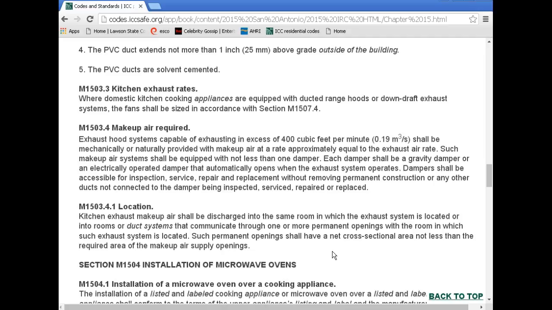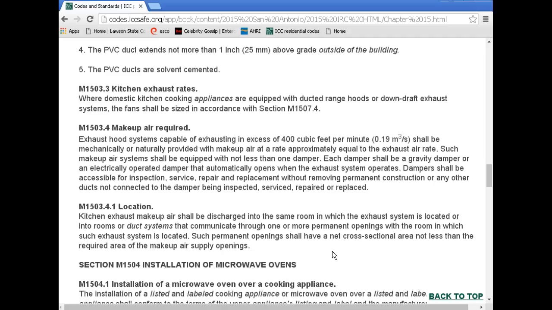So if we're under 400, which is pretty strong, most of them you buy are not going to be over that. You're going to be in a pretty pricey house if they have a kitchen at home with over 400 CFM kicking. So look at the location if we do have to have it. Makeup air shall be discharged into the same room in which the exhaust system is located or into rooms or duct systems that communicate through one or more permanent openings with the room in which such exhaust system is located.